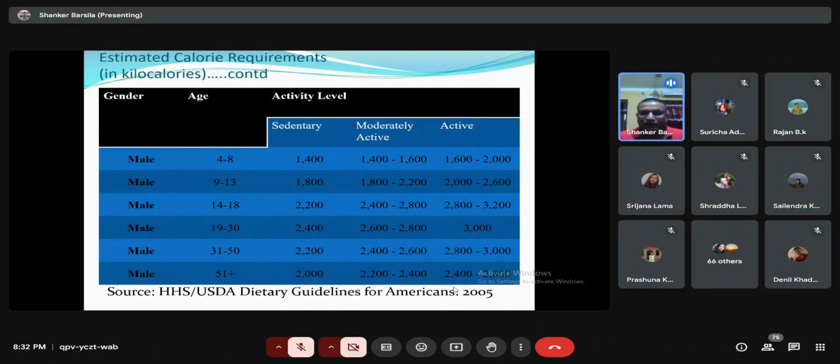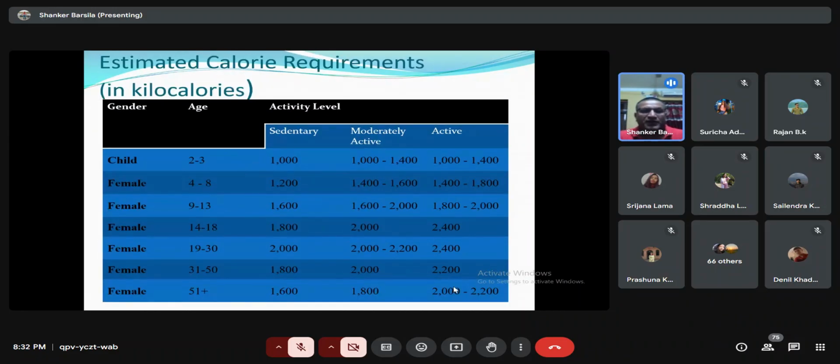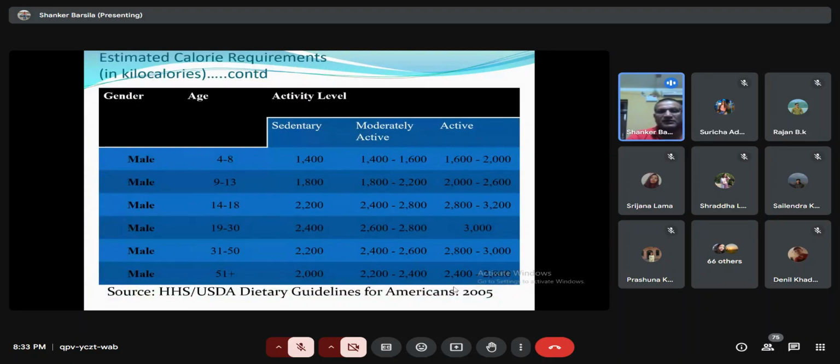And if you are female between 19 to 30 years old, you may consume about 2000 to 2200 kilocalories of energy per day. But if you are really active, then you need to add 10%. Okay, so that is the simple table.